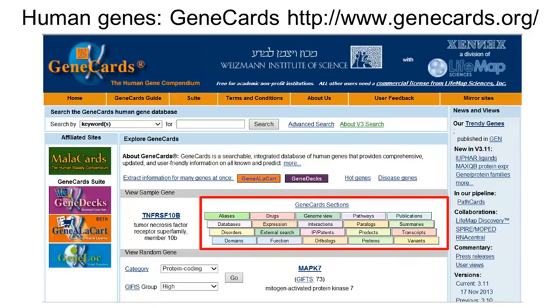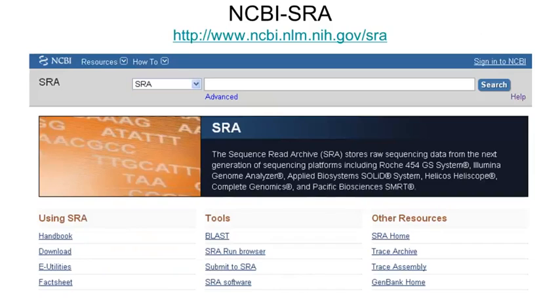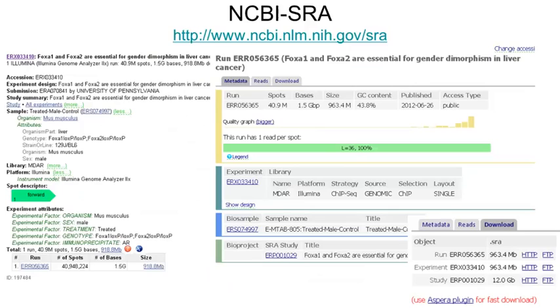Another important resource at NCBI is the Sequence Read Archive, or SRA, which we had touched upon in earlier lectures. SRA stores raw sequencing data from the next-generation sequencing technologies. From SRA, you can download not only the raw read sequences, but also metadata about the experiment design, sample information, library, sequencing platform, and so on.